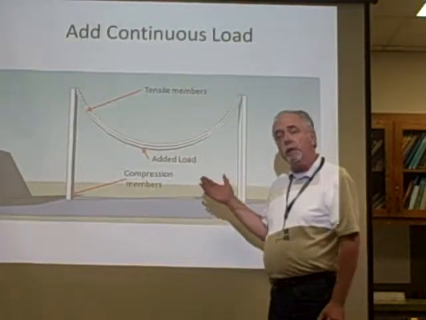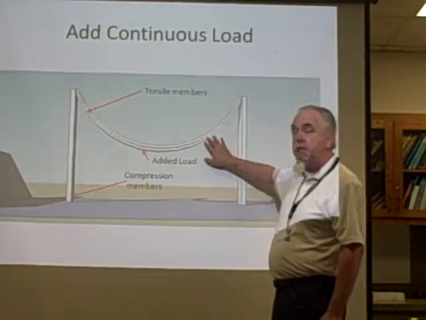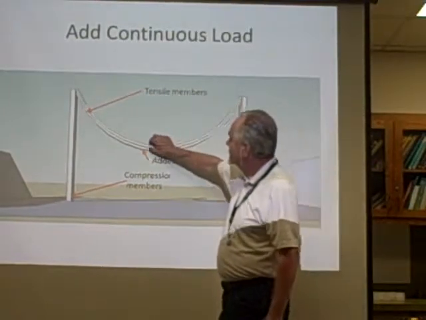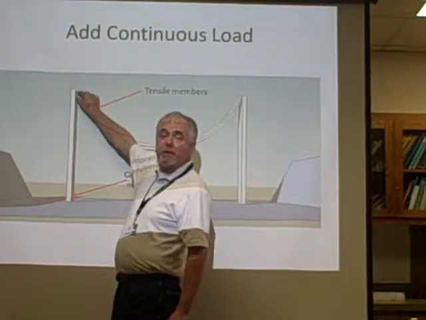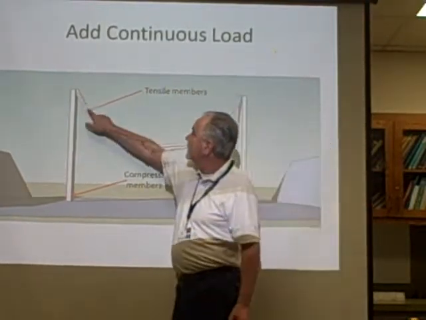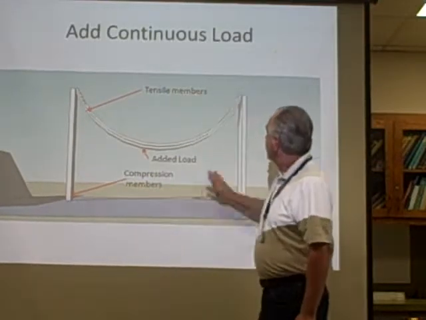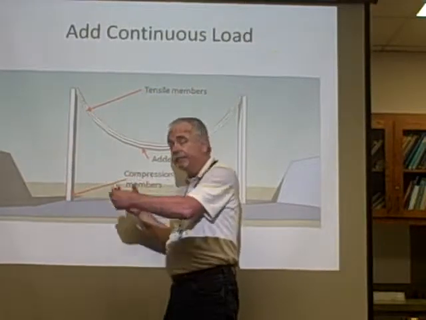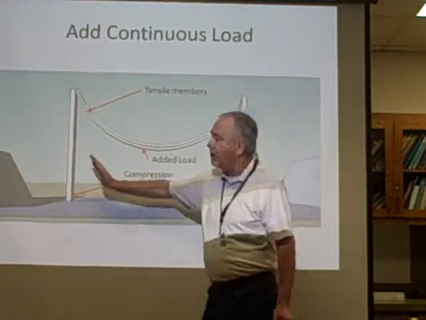Now suppose you add a load to it, say cars, trucks, buses, that you might find on a bridge. And what you could do then is you could just simply take that load and attach it directly to this. It's a uniform load, and so you uniformly add it to this cable. These loads will increase by the amount that you've added, but effectively the relationship is the same.